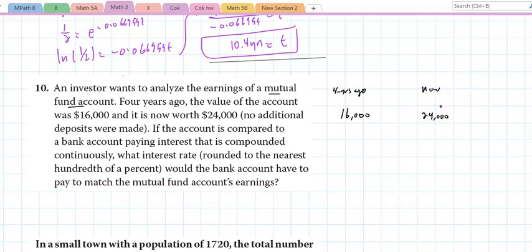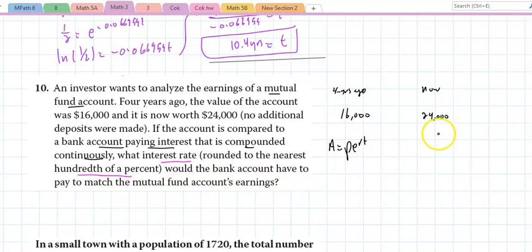No additional deposits were made. If the account is compared to a bank account paying interest compounded continuously, what interest rate, rounded to the nearest 100th of a percent, would the bank account have to pay to match the mutual fund?